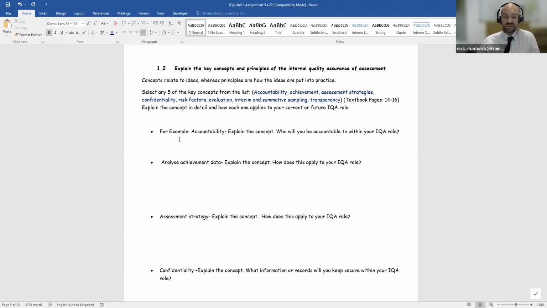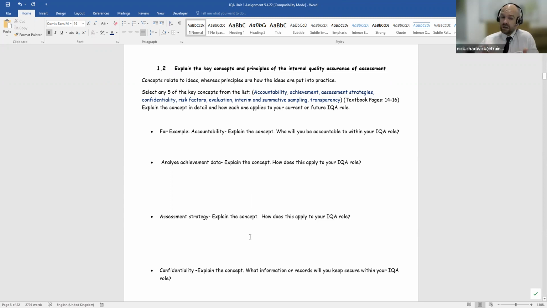We would like to do that as an IQA to make their lives easier. We're also accountable to stakeholders. This could also be accountable to different companies. It could also be that you're accountable to line managers as well. You could also talk here about how to analyze achievement data as well.